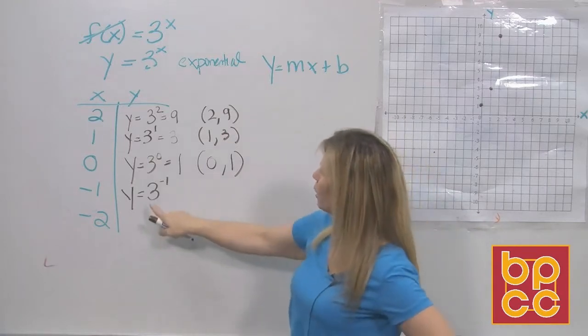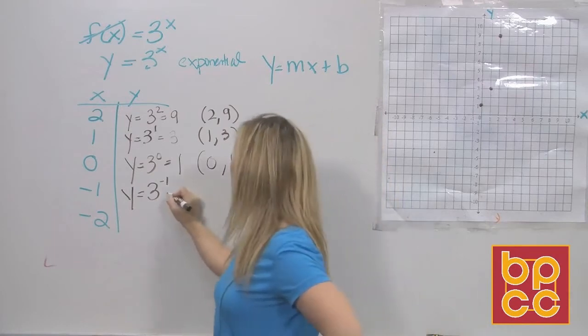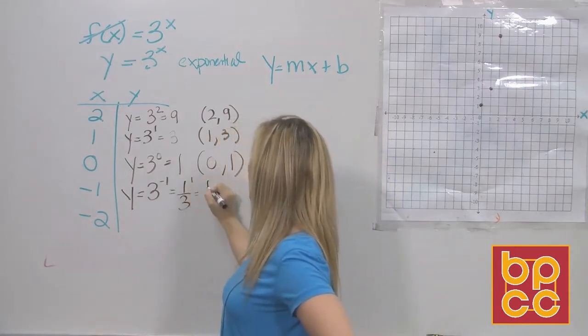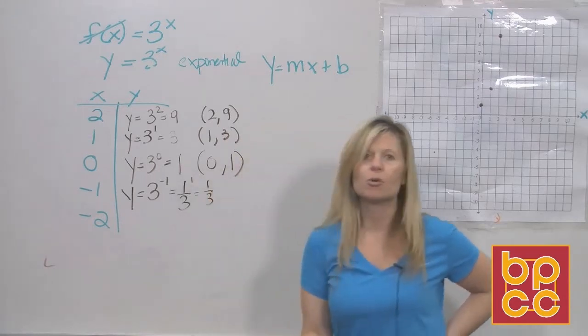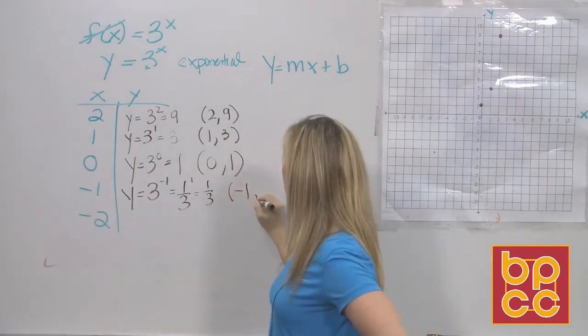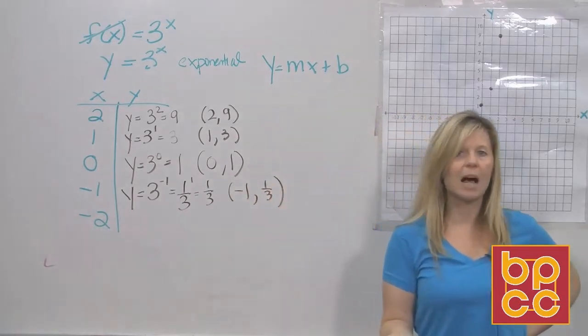Who's the base here? 3. If you flip the base, do the reciprocal, you would get 1/3 to the first, which we know is 1/3. So now you've made the ordered pair point, -1, 1/3. So now we're going to plot that.